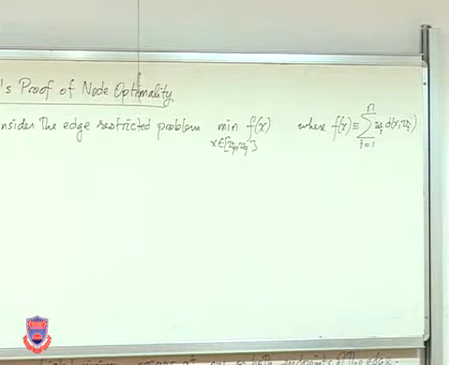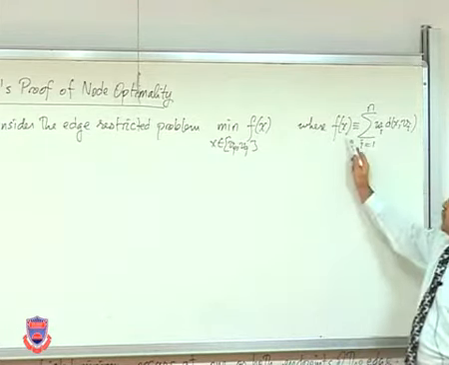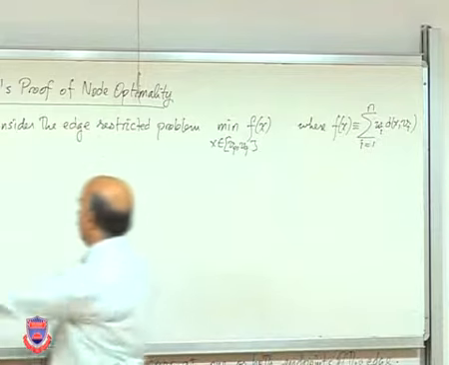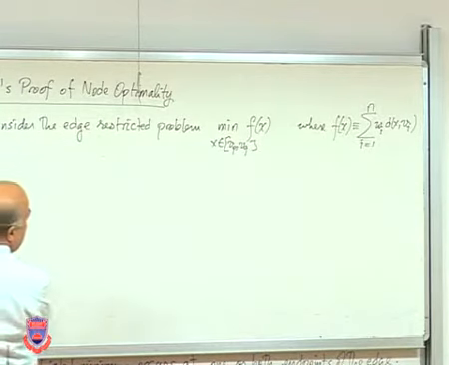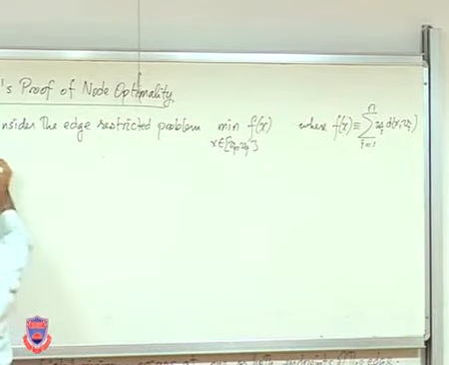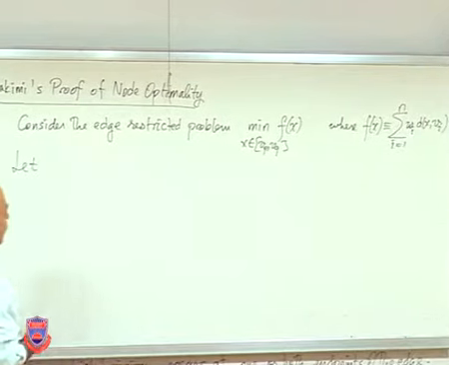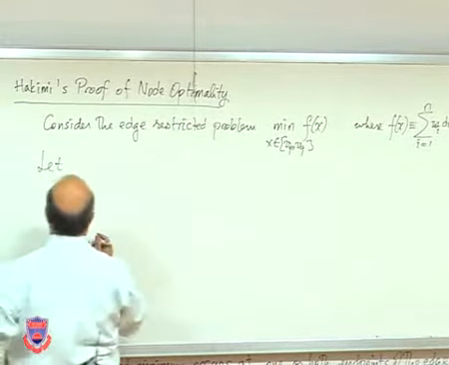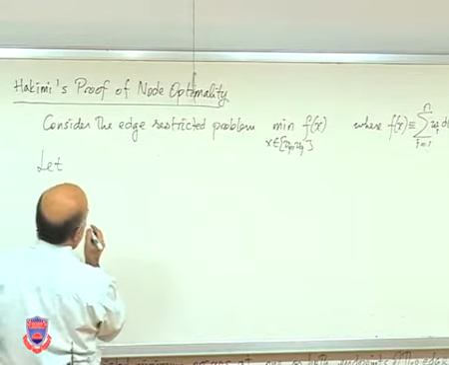Okay, so we consider again the edge-restricted problem, where the objective function is simply the sum of weighted distances. And what I'm going to do is partition the demand vertices into two subsets. But before that, let's do the following.